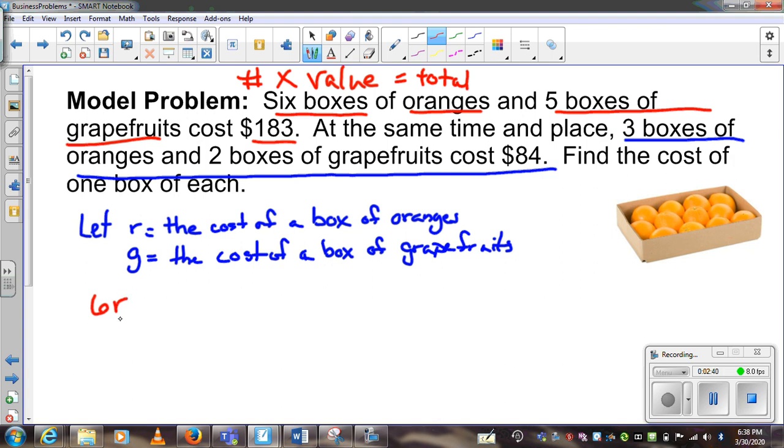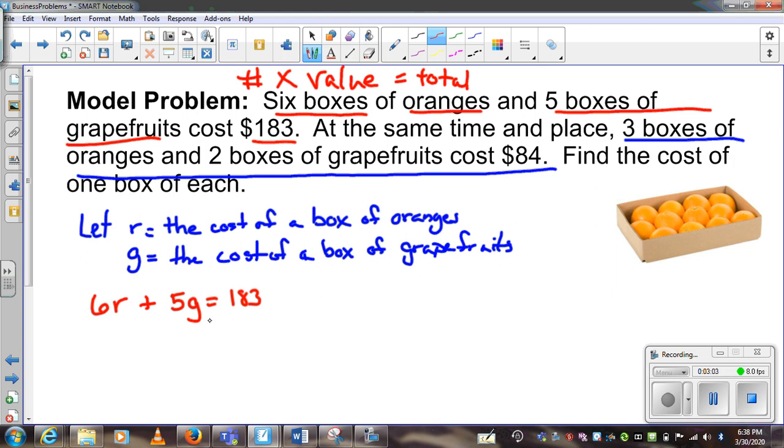So 6R equals the cost of 6 boxes of oranges, plus we have 5 boxes of grapefruits, so 5 times the cost per box should give you a grand total of 183. 6R gives you price, plus 5G gives you another price, equals money. So money plus money is money.